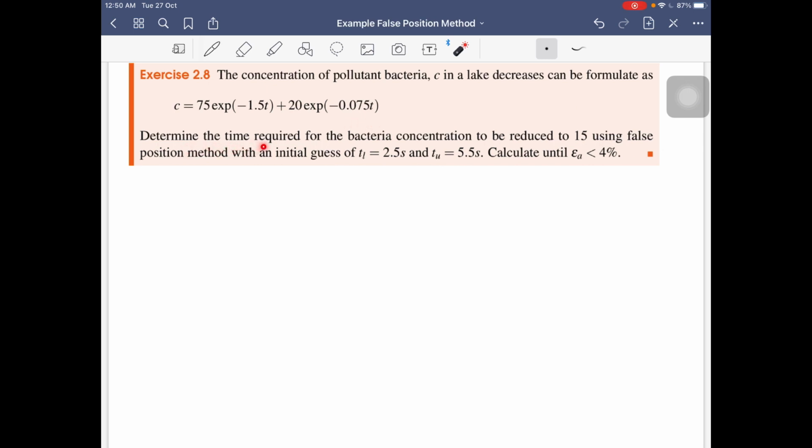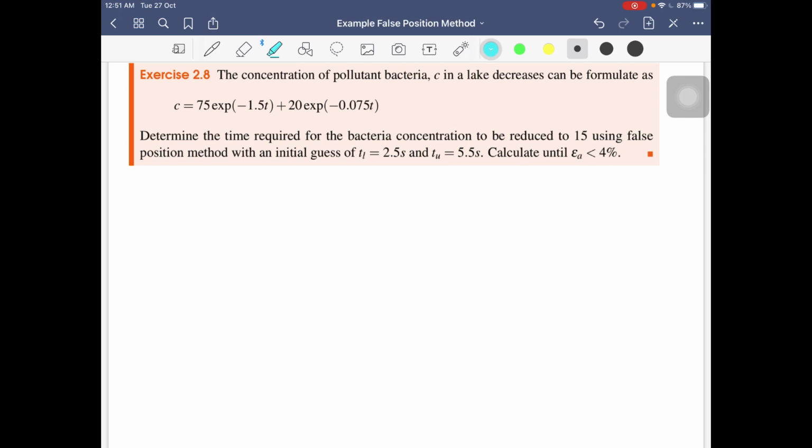Determine the time required for the bacterial concentration to be reduced to 15 using false position methods with an initial guess of lower time equal to 2.5 seconds and upper time equal to 5.5 seconds. Calculate until the approximate percent relative error is less than 4%.